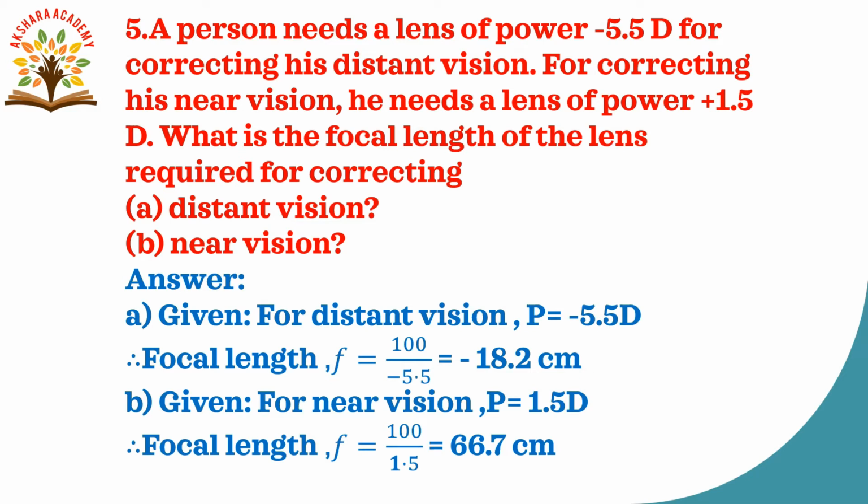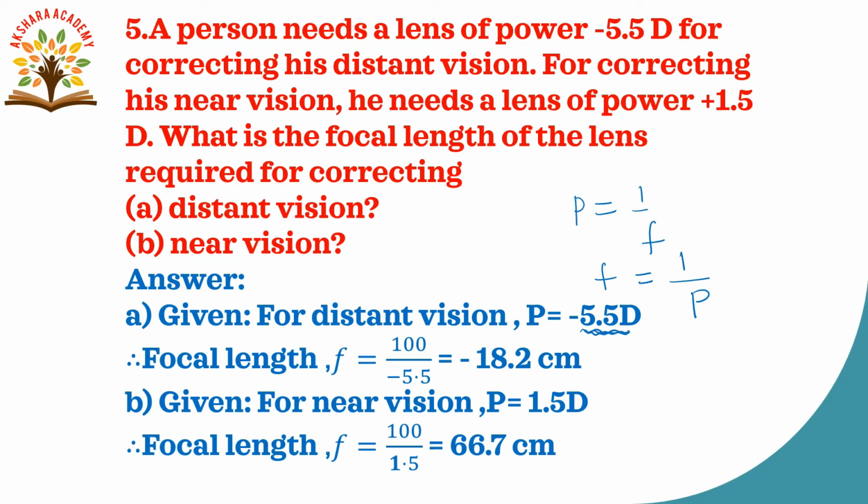Actually P is equal to 1 by F. The reciprocal of focal length gives power, or F is equal to 1 by P. This P value they have given as 5.5.